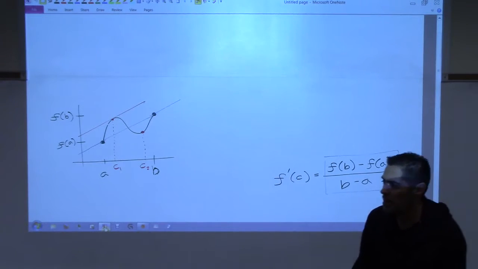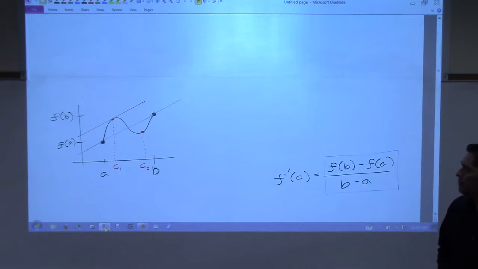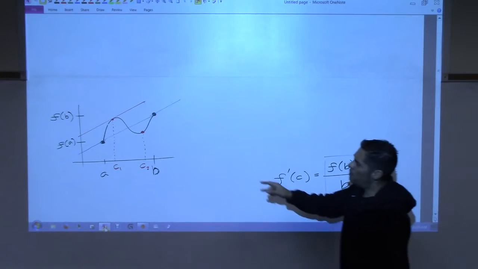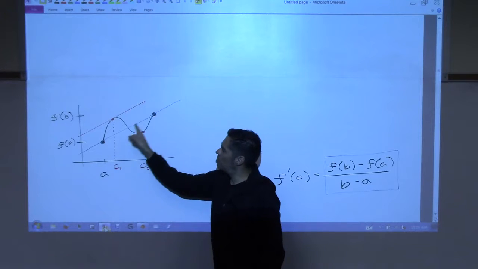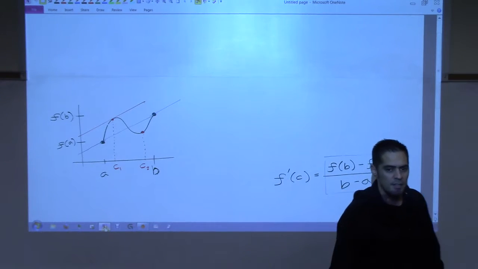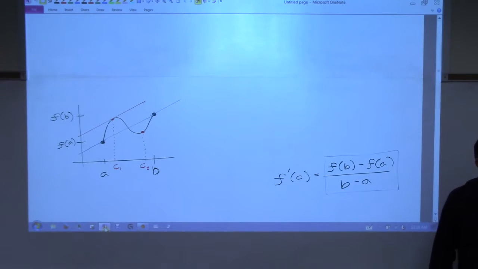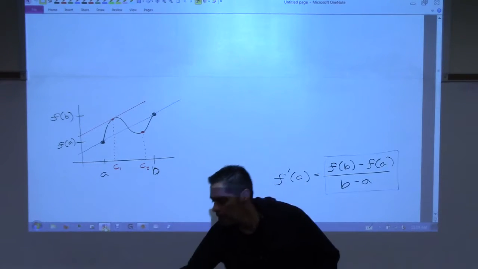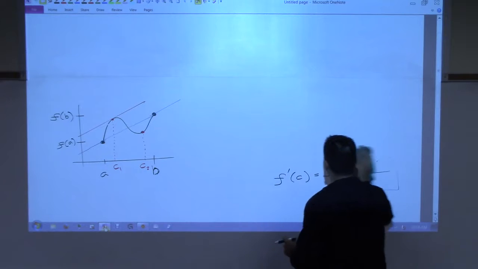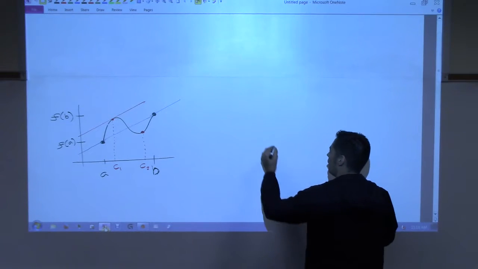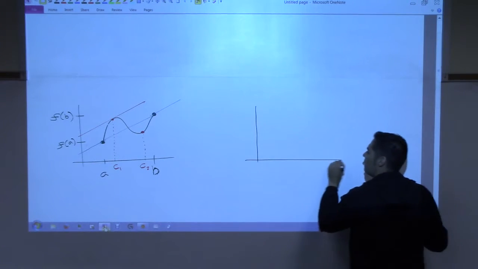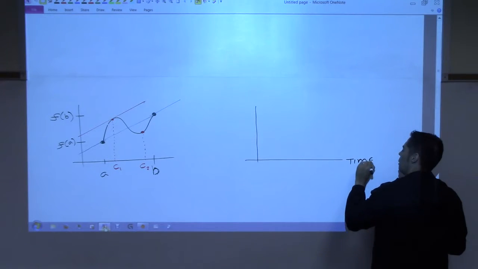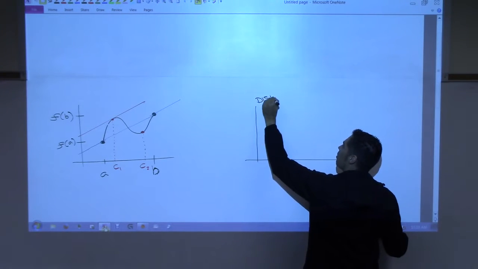Now, the reason they call it the mean value theorem is this. The slope of this line right here is an average rate of change. I think I can make it more clear to you if I give you an actual problem. Let's say we have time, and let's say we have distance here. So you're going to go for a drive.